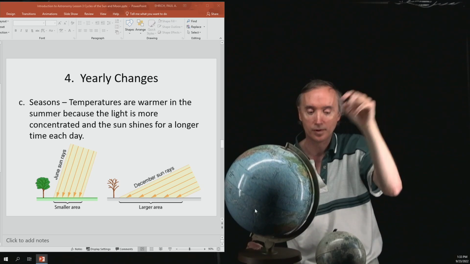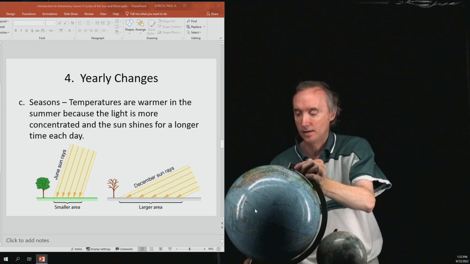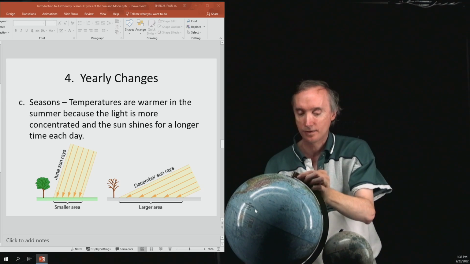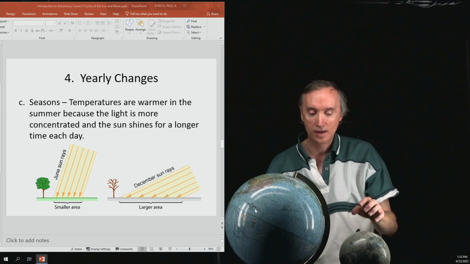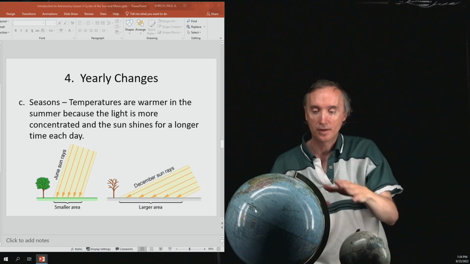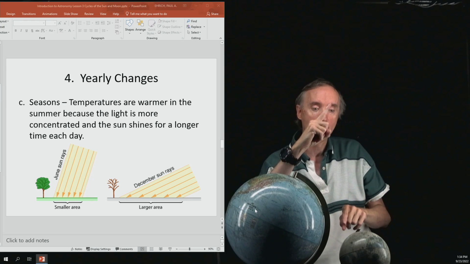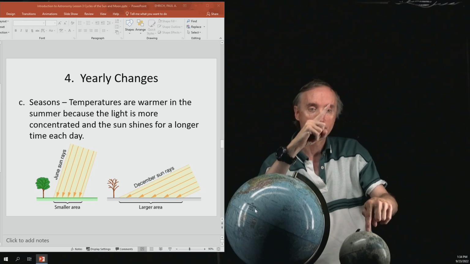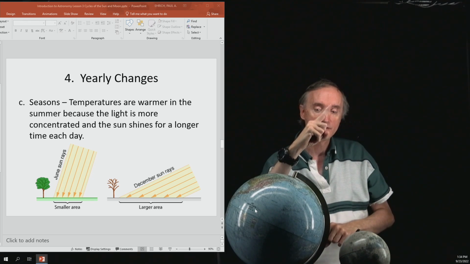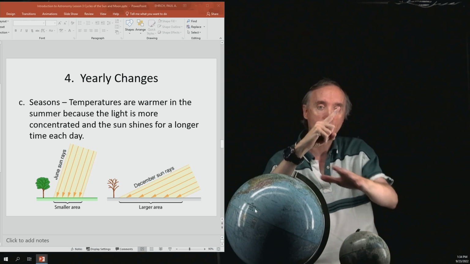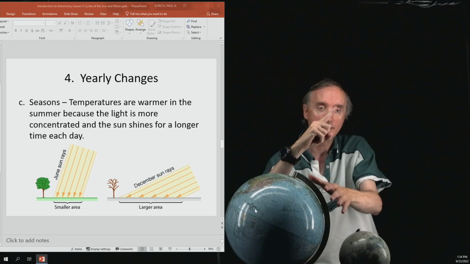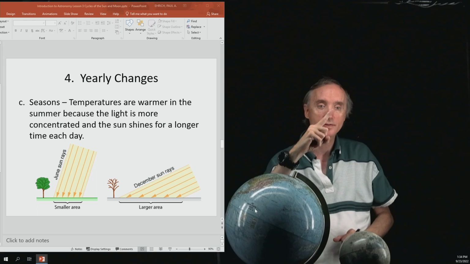So now let's say that it is like this, so that you've got the sun here, and here's the spin axis, and so the spin axis is pointing towards the sun over here. So what that means is that the northern hemisphere is going to be getting extra sunlight as a result of that.